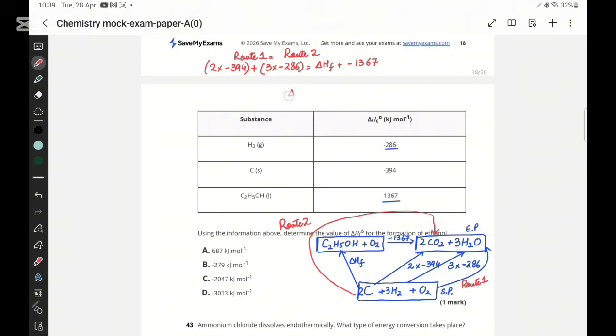After calculating, the enthalpy of formation comes out to be minus 279 kilojoules per mole. So our answer is B.